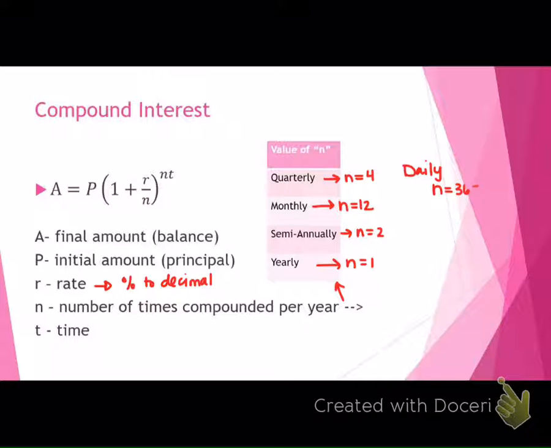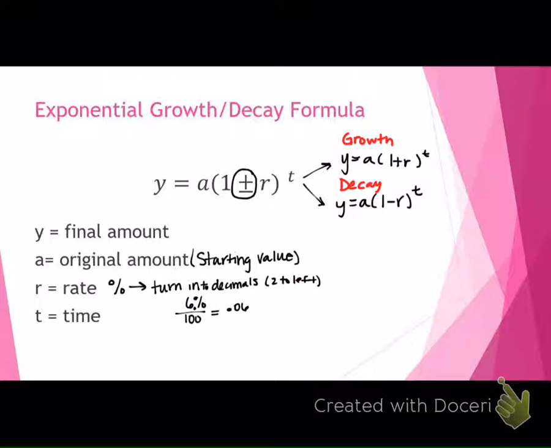Okay. So when we're using these formulas, I'm going to go back a slide again. When we're using these formulas, for growth you will see words like appreciate, growing, and stuff like that.